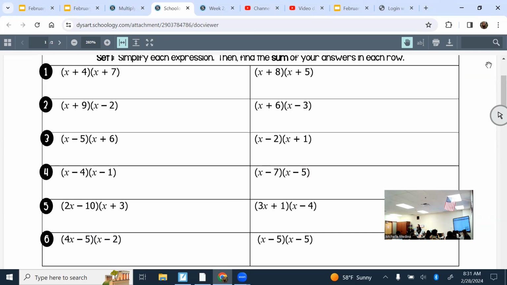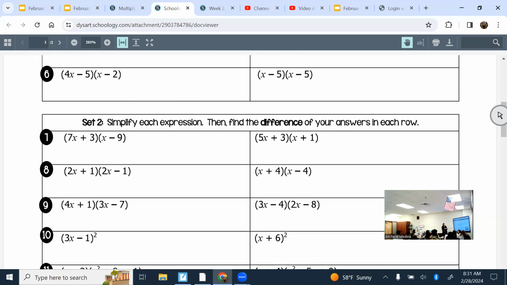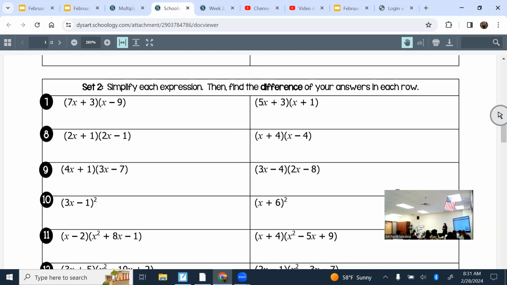The coloring would be extra credit. And the coloring would require you to, once you have your answers, in this set, add your answers together. In this set, it wants you to subtract them. That is optional.